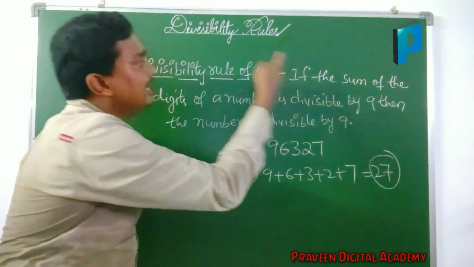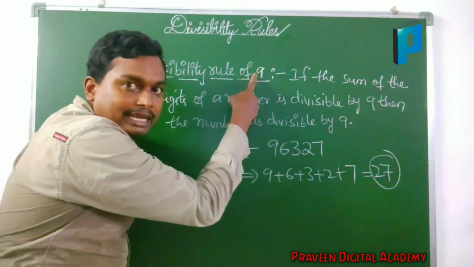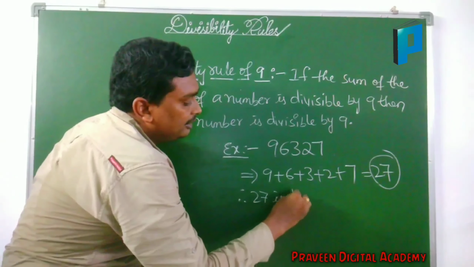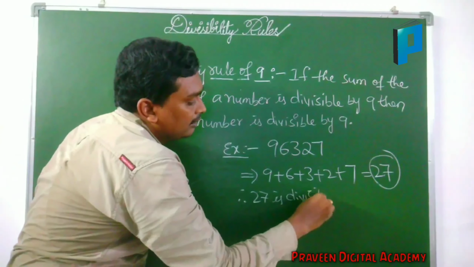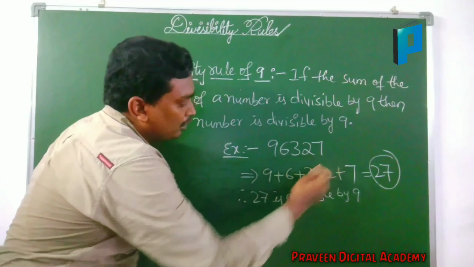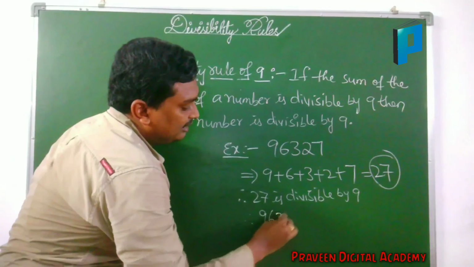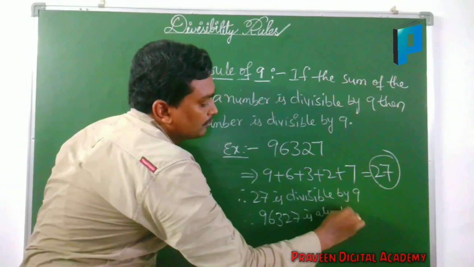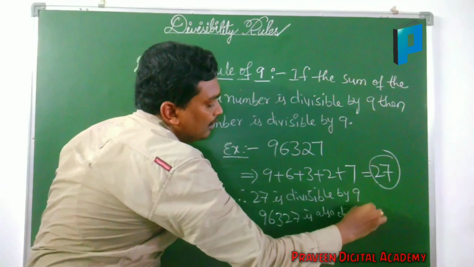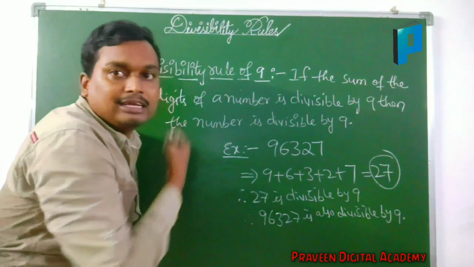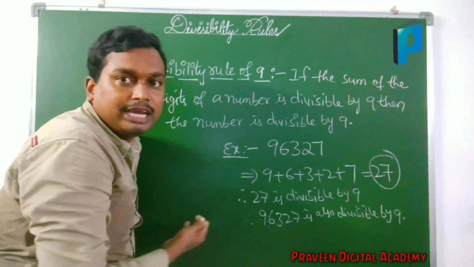This 27 is divisible by 9. Therefore, what you can say here? 27 is divisible by 9. Therefore, the total number 9, 6, 3, 2, 7 is also divisible by 9. It is the same as the divisibility rule of 3.